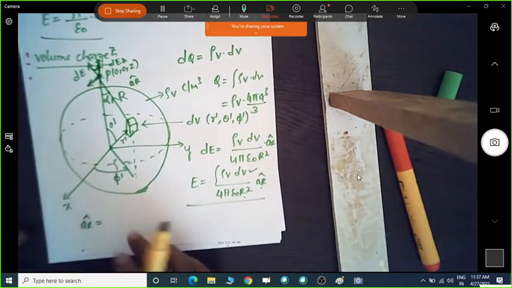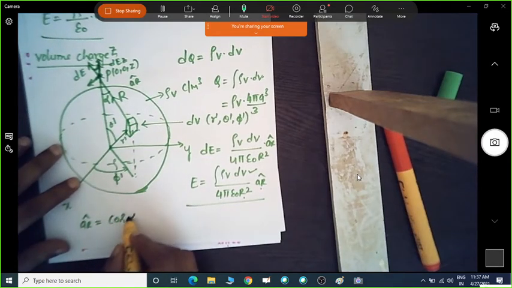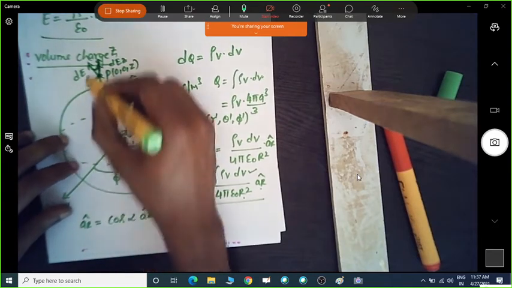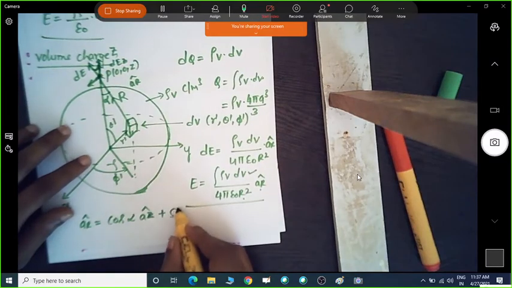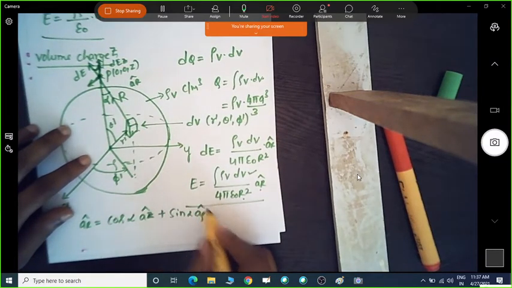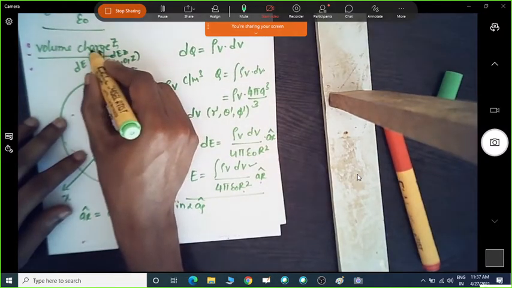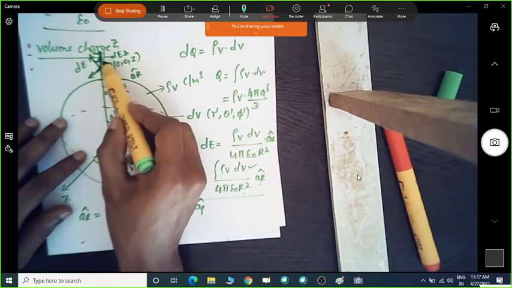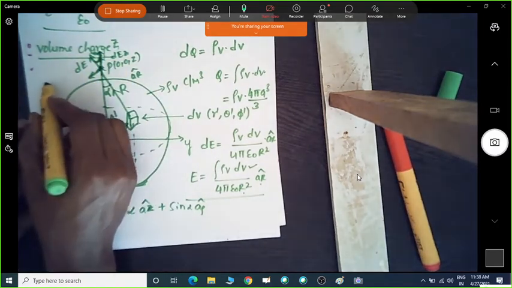So now we can write the AR component, which is cos alpha in the direction of AZ, and similarly sin alpha in the direction of the a rho component. If you project it here, the resultant vector will be dE. I'll write this configuration once again.